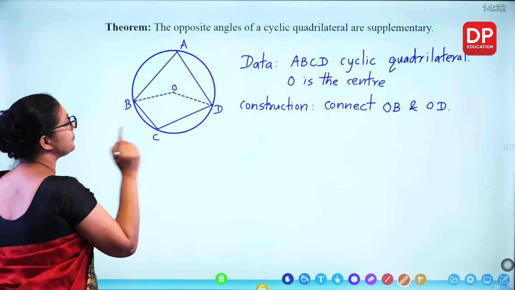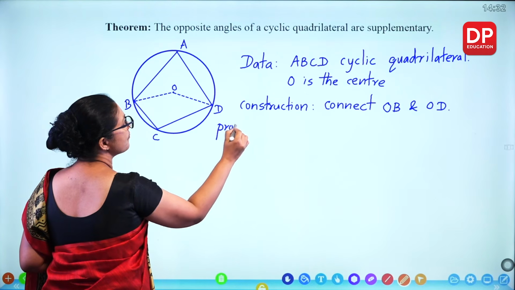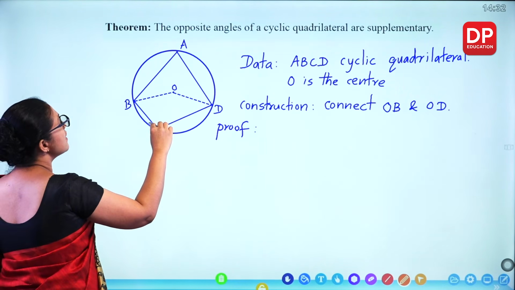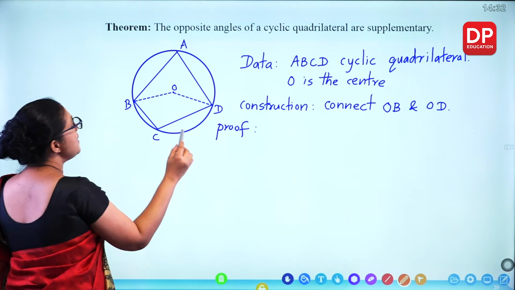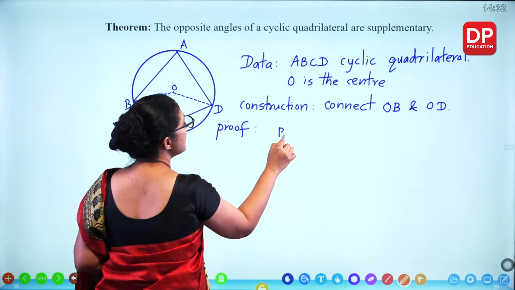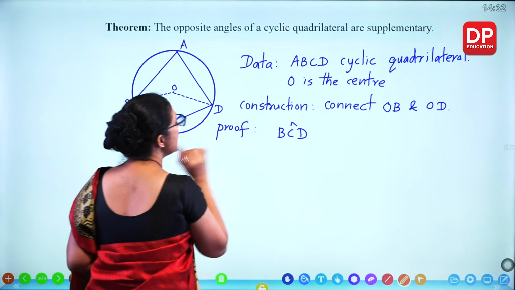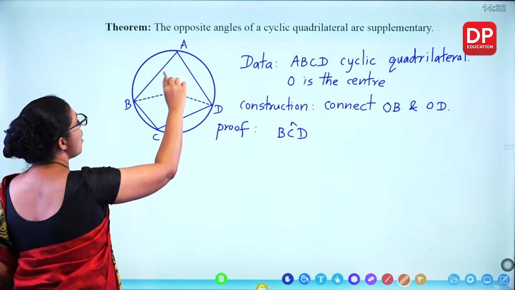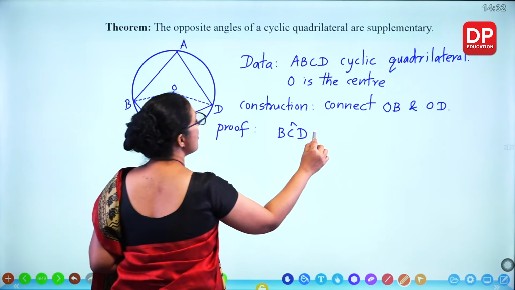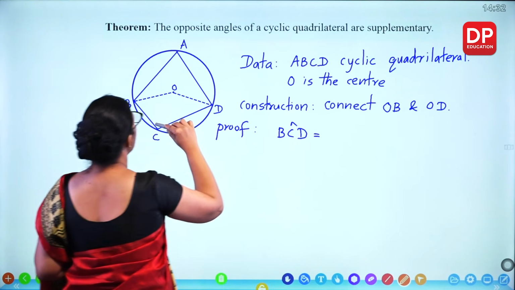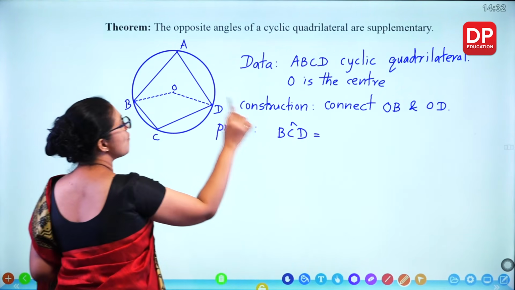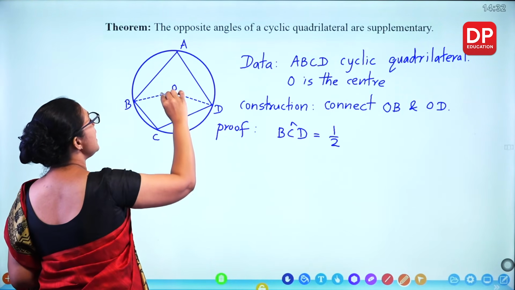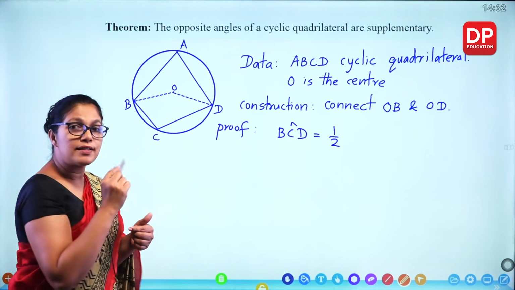Now we'll take this angle. We know that this angle BCD is equal to half of BOD reflex angle, or other way around.